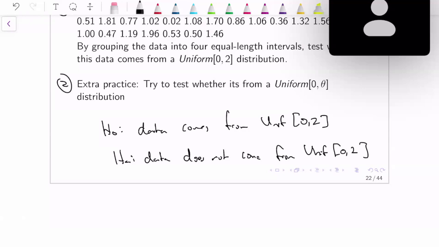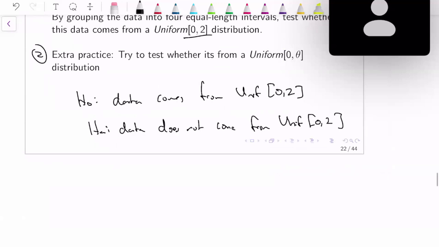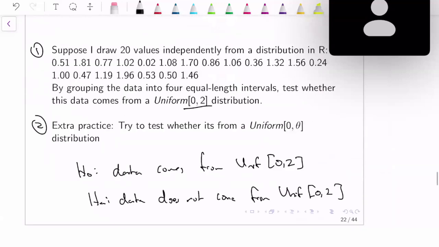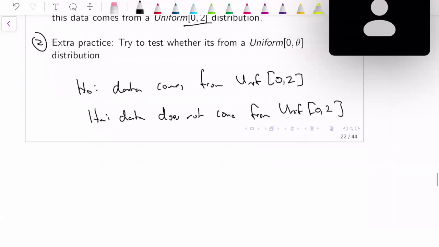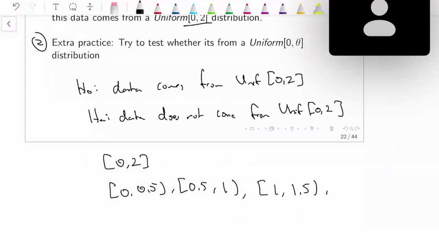So for the uniform 0-2 distribution, we're asked to partition it into four equal length intervals. From 0 to 2, we just divide this into four intervals. So it'll be 0 to 0.5, 0.5 to 1, 1 to 1.5, and then 1.5 to 2.